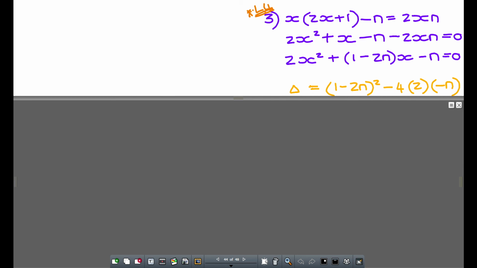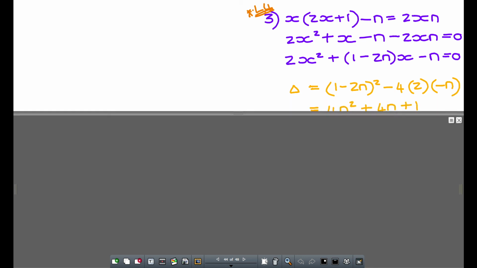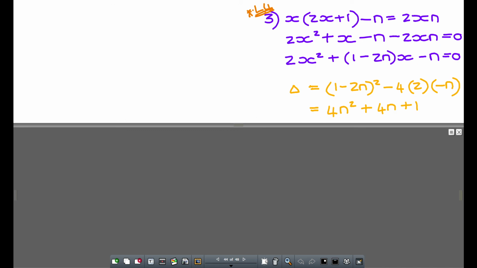Jy sal daar sien ek het net gaan instel. As ek dit gaan vereenvoudig, I didn't show every step how I multiplied, maar ek het daai hakkies gaan uitmaal, en hierdie laaste stuk is mos nou minus 4 maal 2 maal minus n.